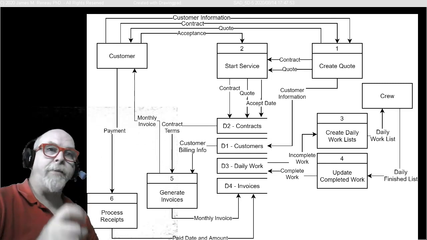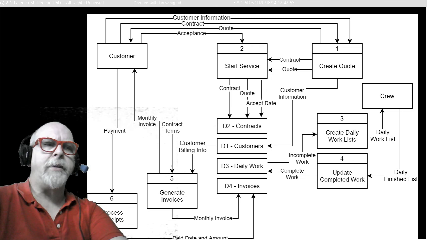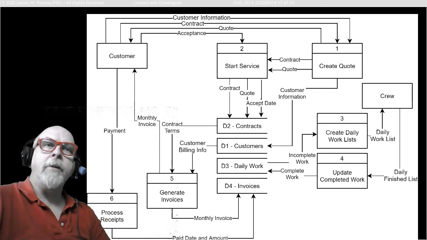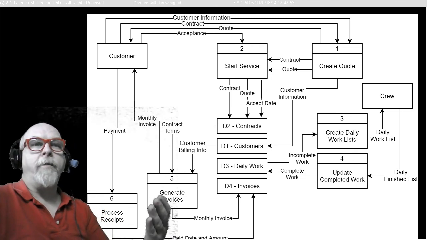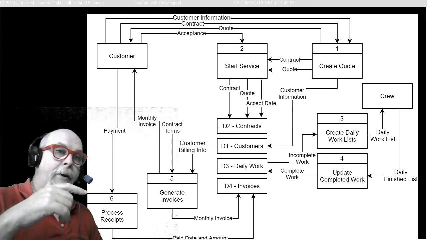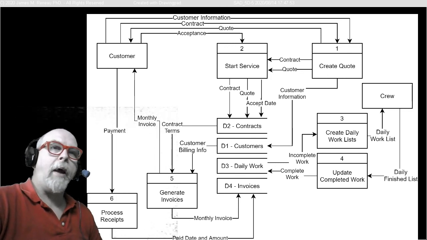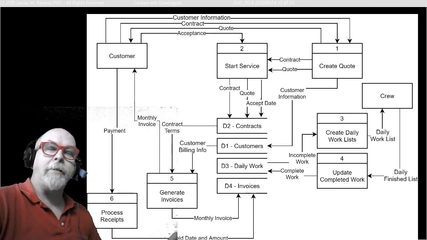Because we've saved the customer information, their contact information, their name, address, their phone number, their email, all of that kind of stuff. The contract and the quote information go over to the start service process that waits for their acceptance. And once they give us their acceptance, we add all of the contract and all of the quotes and the day they accepted it over to our contracts table.